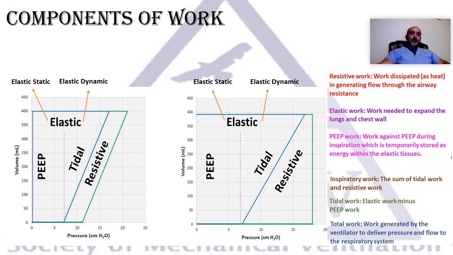Here we'll talk about the components of the work. If you see this figure on the left, this is the pressure volume curve in volume controlled mode with the constant or square waveform, and on the right side is a pressure controlled mode with a decelerating waveform.